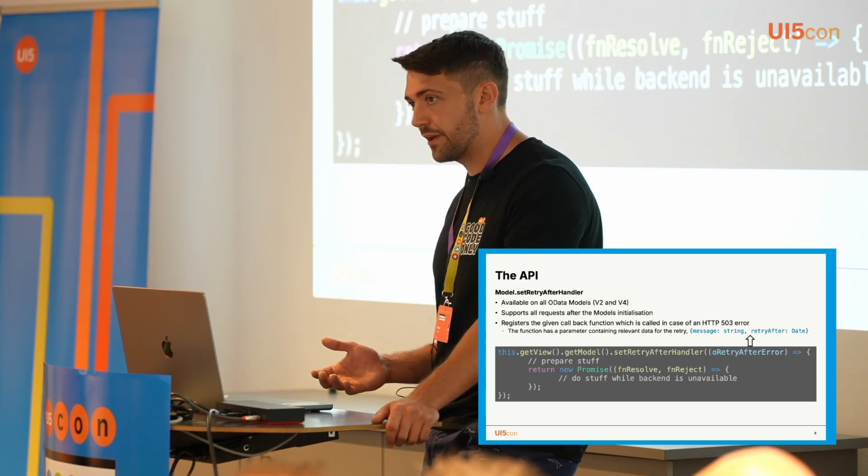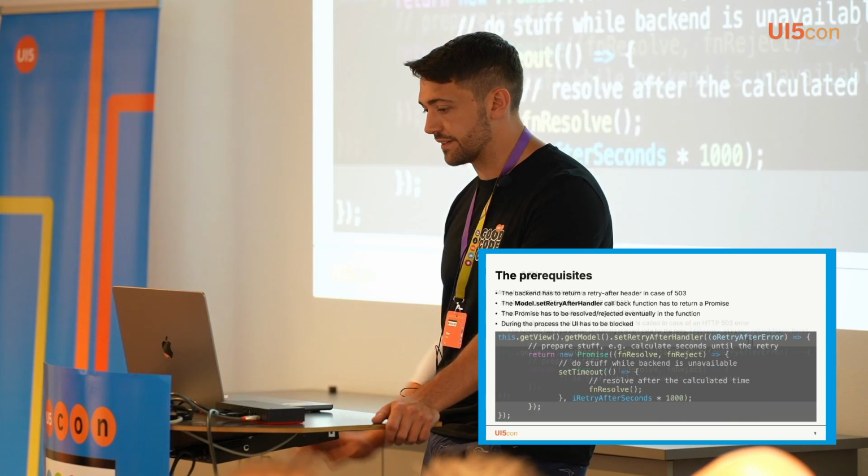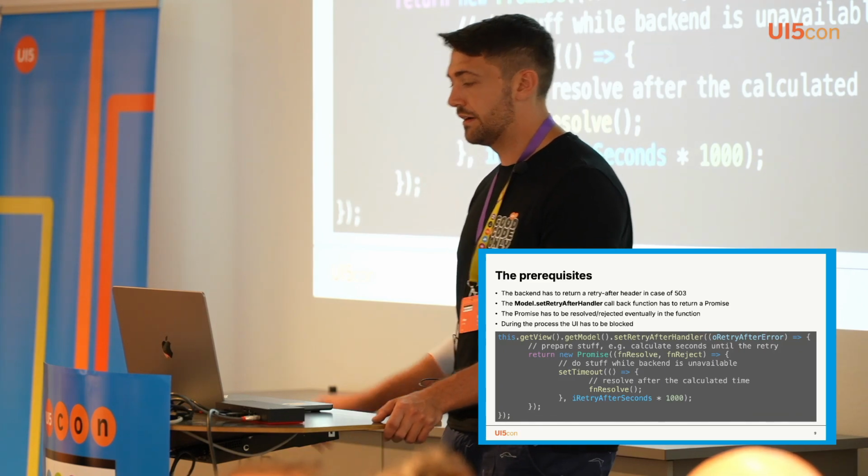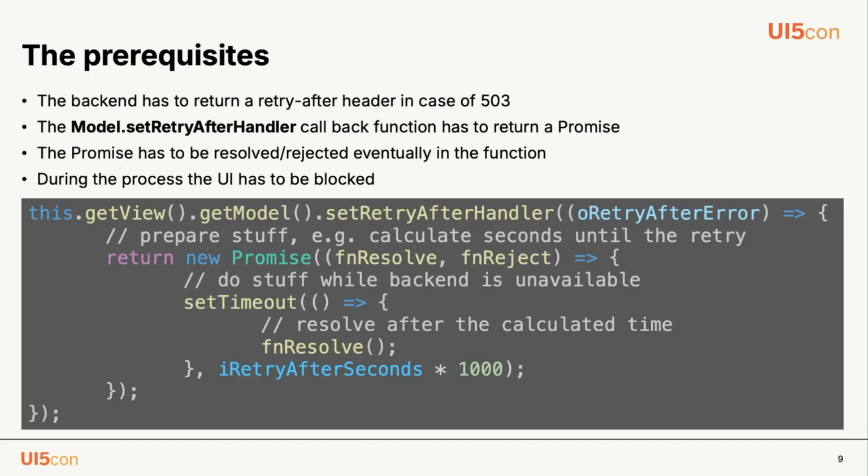Now, when using this API, there are certain prerequisites you need to consider. First and foremost, Mathias already hinted at it, the backend has to return a Retry-After header in case of 503. Otherwise, we cannot determine when we may retry the request again. Secondly, the callback function has to return a promise.